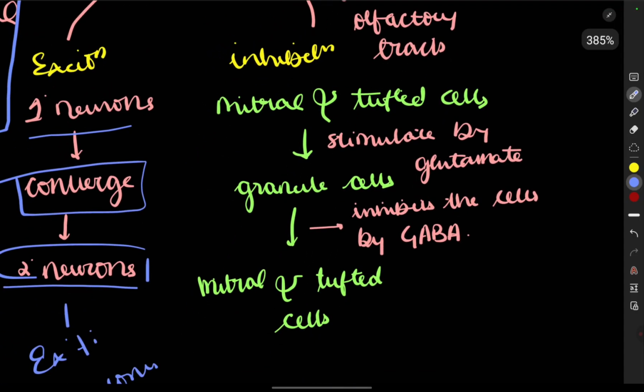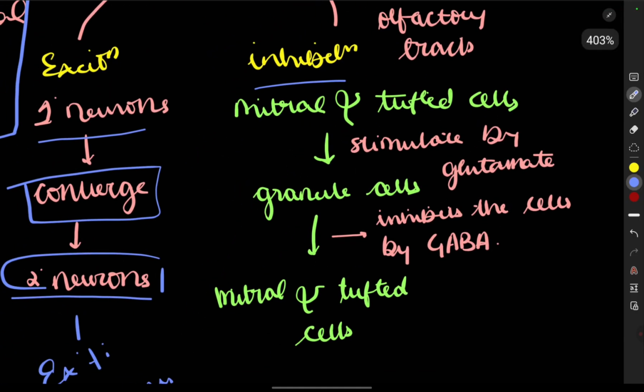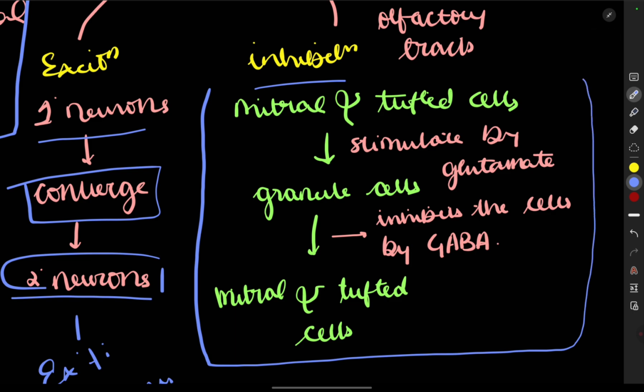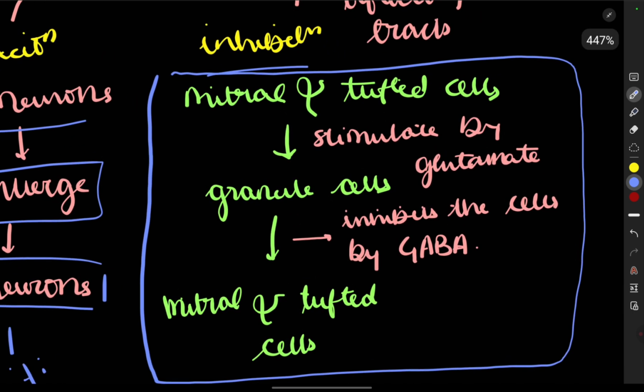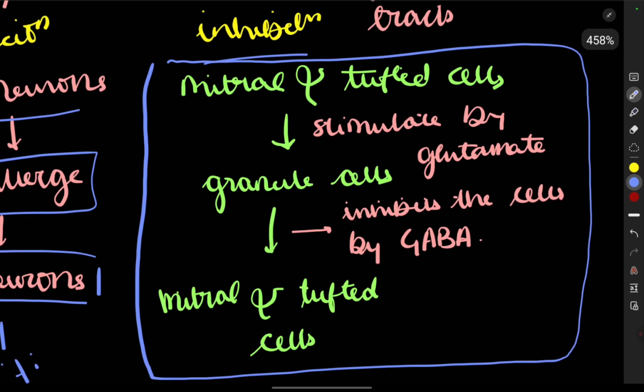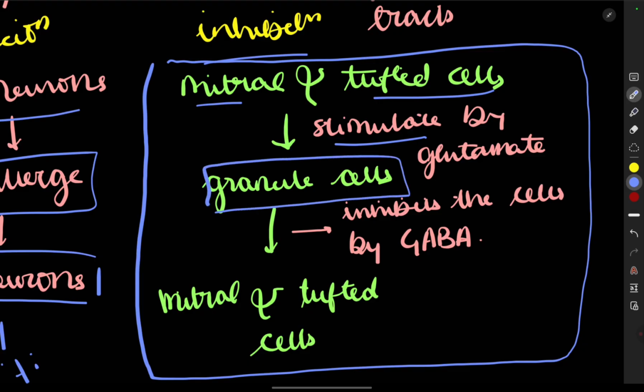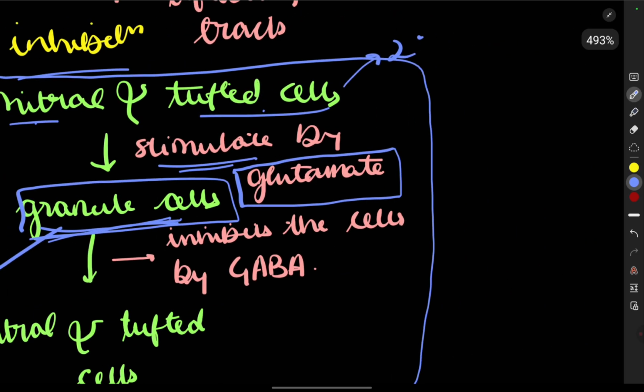And for the inhibition, this is a very important flow chart to understand, because in GK PAL it is given in a slightly confusing way, so I have broken it down into a flow chart. The mitral and tufted cells, the second order neurons, stimulate the granule cells, the interneurons, by the neurotransmitter glutamate. In neurophysiology we studied that glutamate is an excitatory neurotransmitter.